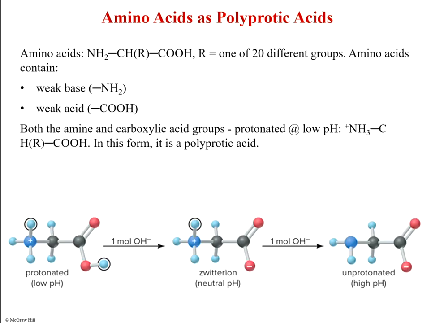That is, an ion in solution that has a plus and a minus together on the same molecule. Seems unusual, but that's the most stable structure for an amino acid at nearly neutral pHs. Then as we go to high pH, we can pull off the amine proton to create the fully unprotonated amino acid, which will have a negative charge on it.